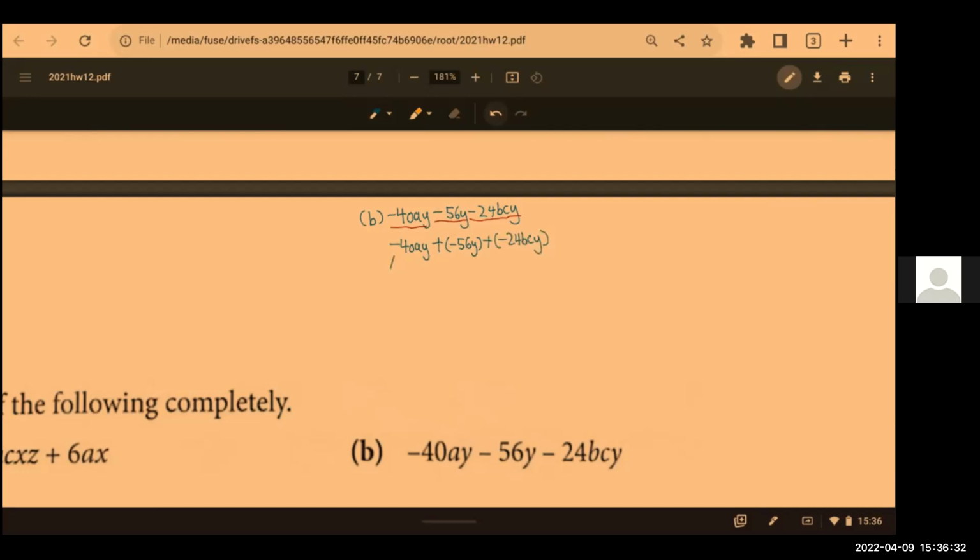Never mind. You don't know how to do it. You find the HCF. Do it on the right. You put the 40 there, put the 56 there, put the 24 there, use HCF. See HCF? Yeah. Put the 40 there. 56. Then 24.